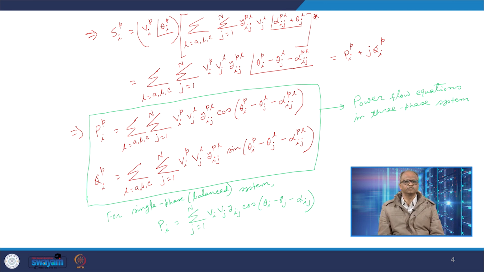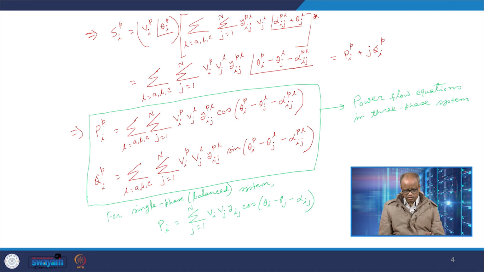Alpha ij is nothing but the angle of the element of the Y bus matrix corresponding to buses i and j in the single phase system, and in the three phase system it would be buses i, j and phases P, L, that is alpha IJPL. So we can see that the expressions are the same for both cases.